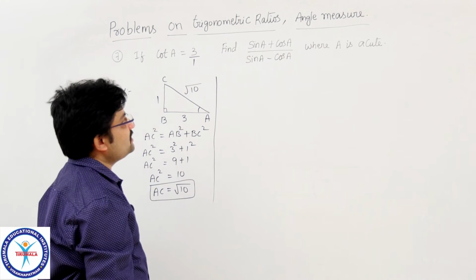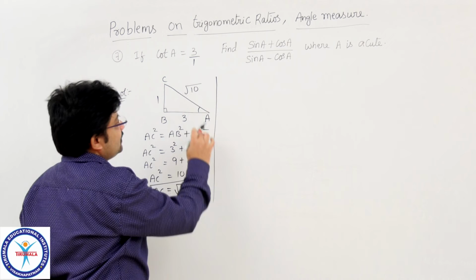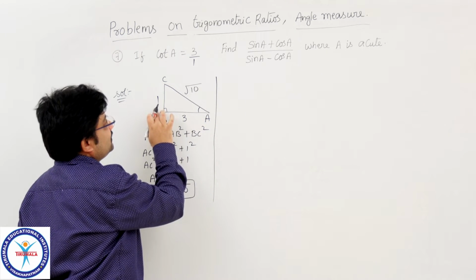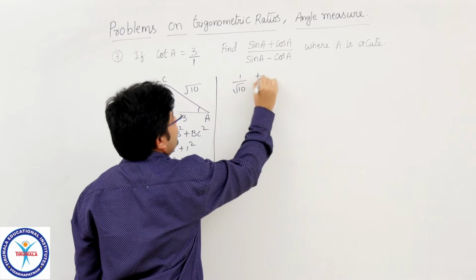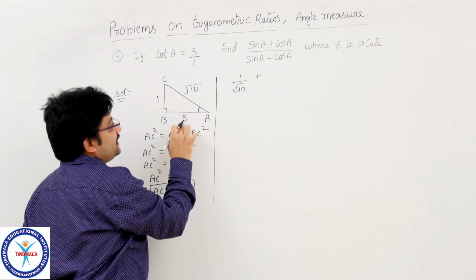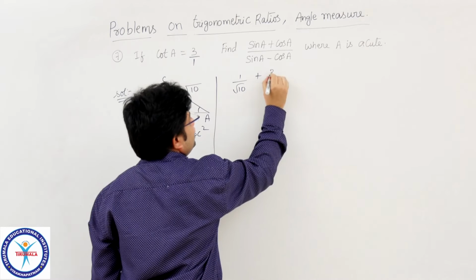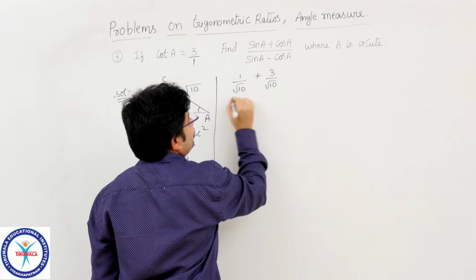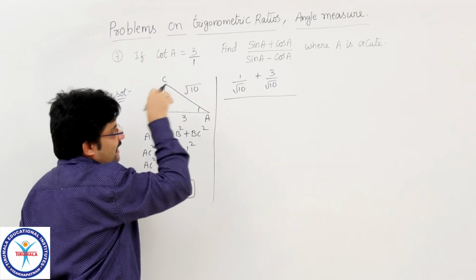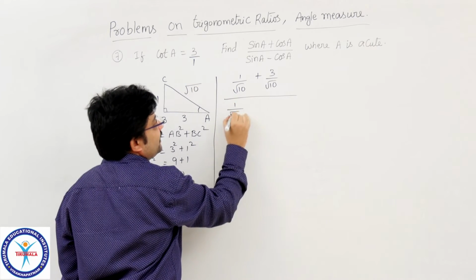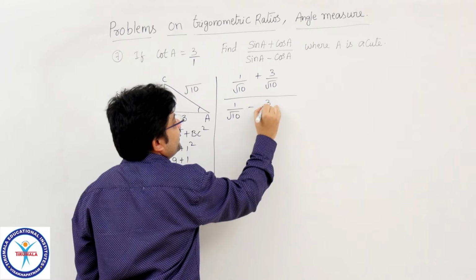Now we need to find this value. Sin A is opposite side by hypotenuse, 1 by root 10, and cos A is adjacent side by hypotenuse, 3 by root 10. So sin A plus cos A by sin A minus cos A is 1 by root 10 plus 3 by root 10 over 1 by root 10 minus 3 by root 10.